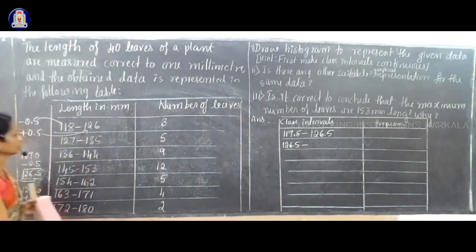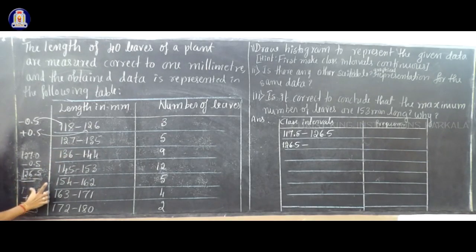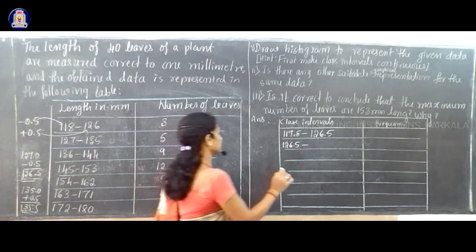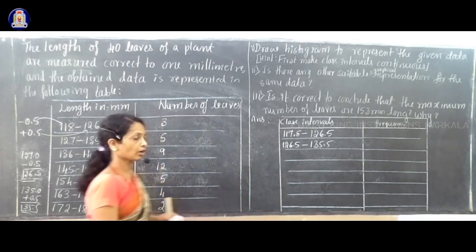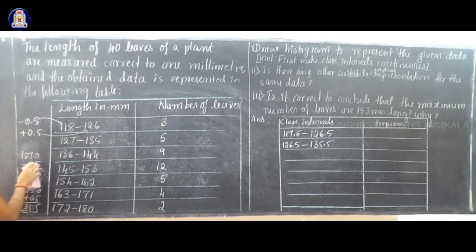Now 135, to that you have to add 0.5, so we get 135.0 plus 0.5, that is 135.5. So the second number in this class interval is 135.5. Like that you have to do for each class interval. Next, in the third class interval, the first number is 136.